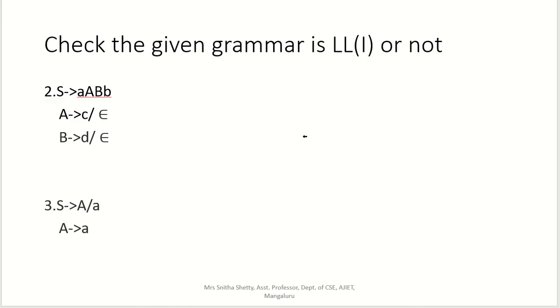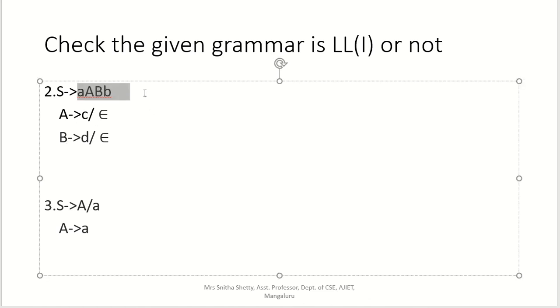There are two more grammars I have given here, just go through them. S gives AaB, A gives c or epsilon, B gives d or epsilon. Let me draw the table here.